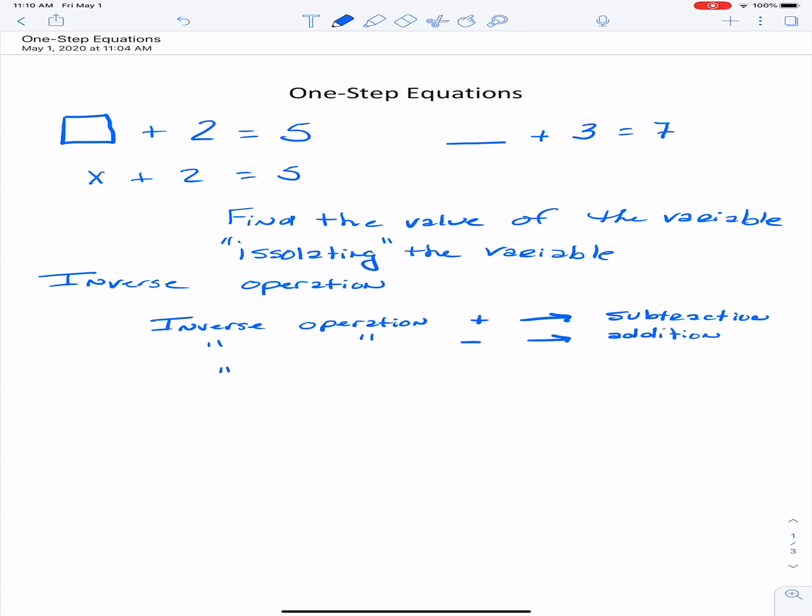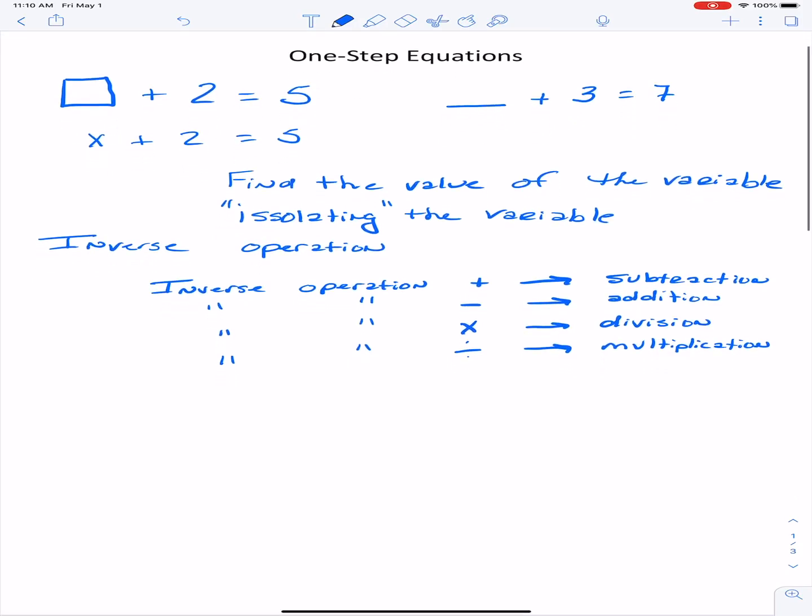The inverse operation for multiplication is division. And finally, the inverse operation of division is multiplication. Okay, so let's begin by working out some problems.